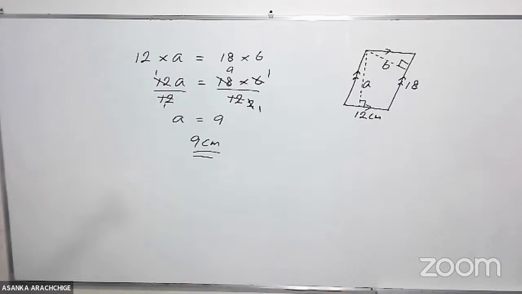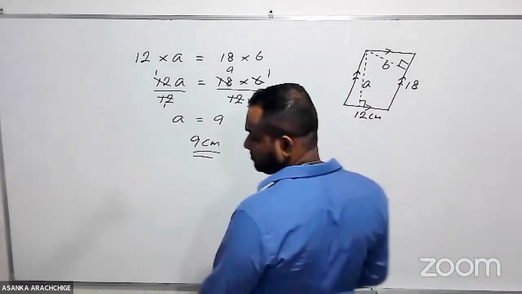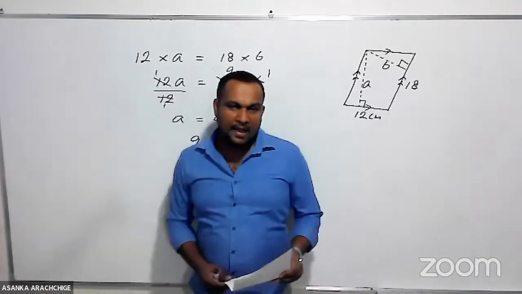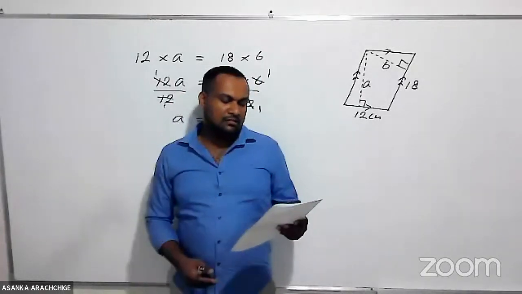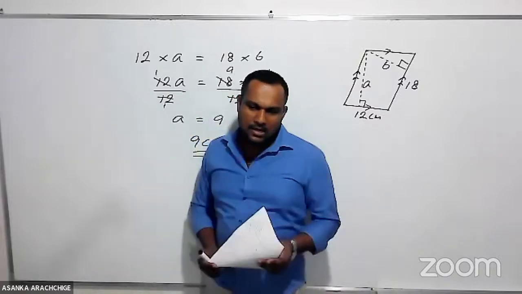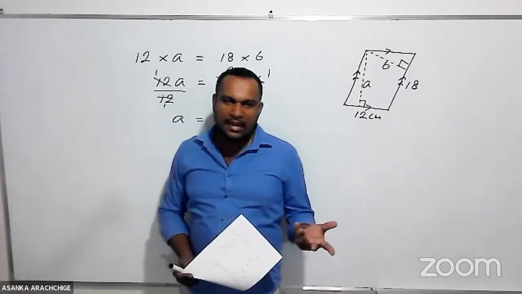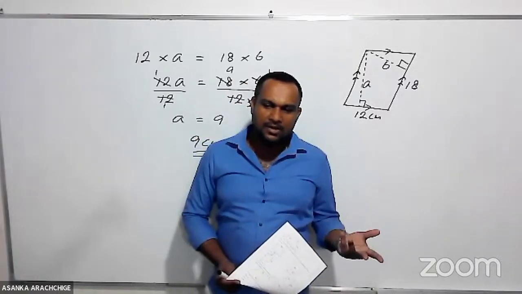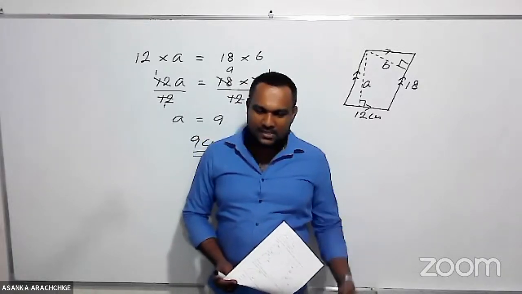In the fourth question, what is this parallelogram? In this parallelogram, all sides are equal. What do we call it? It's a rhombus. Therefore, you can take an algebraic symbol for the length of a side.